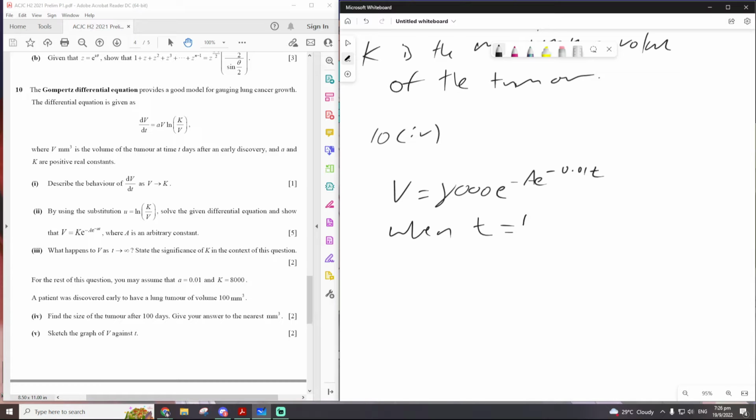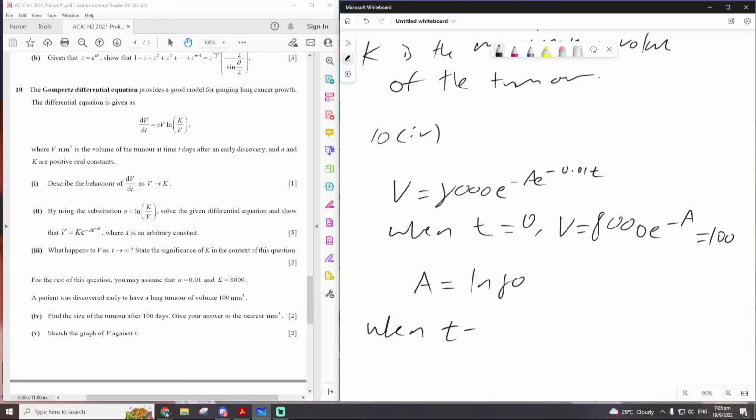So this is when t equals 0, v equals 8,000 e to the minus A, which is 100. So e to the power of negative A is 1 over 80. So A itself is ln 80.